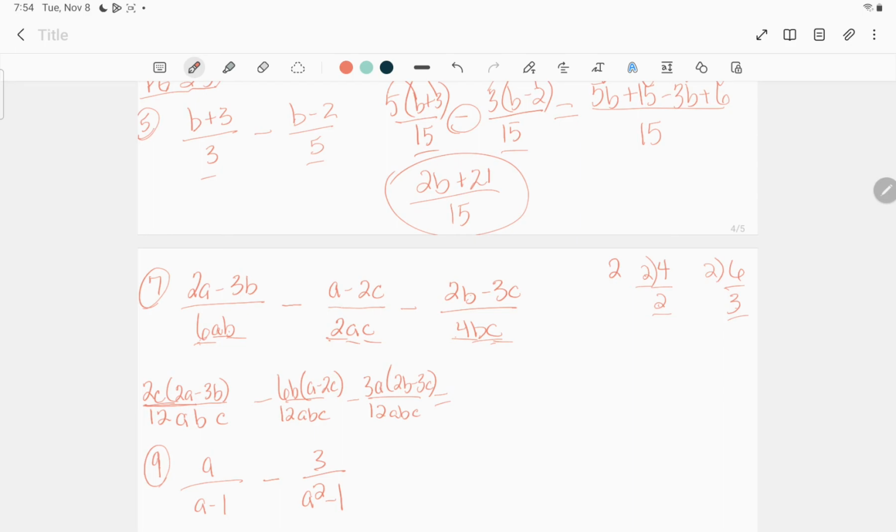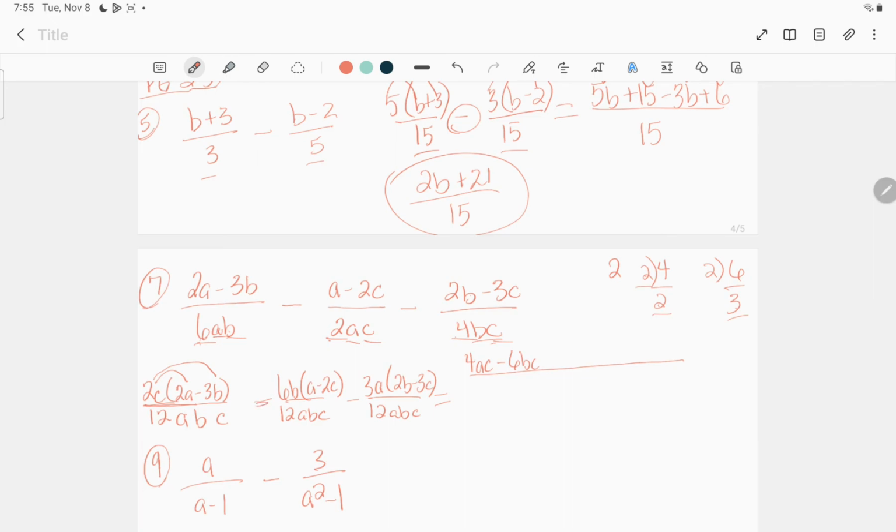All right. So now I'm going to get rid of these parentheses, and I'm going to put everything on top of one denominator. 2C times 2A gives me 4AC. 2C times negative 3B gives me negative 6BC.